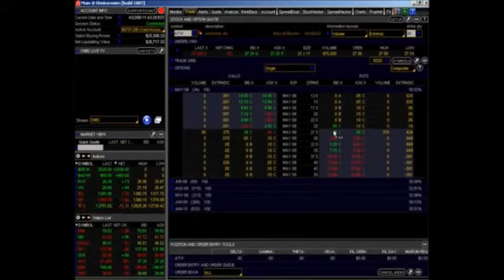Now the prices of the options, these are called in-the-money options. The in-the-money options have some component of what they call extrinsic value and some component of intrinsic value. And the way you can determine intrinsic and extrinsic value is simply by taking the strike price of the option. In this case, we're taking a look at the May 20 calls, and they're priced at $7.40.